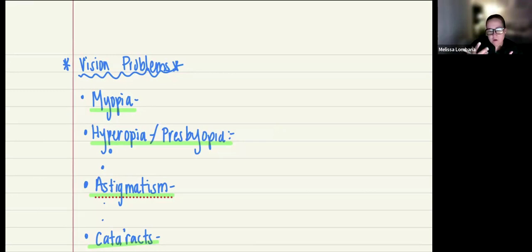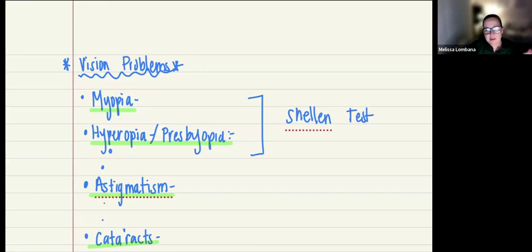They typically can correct that. To find out if you have either of these is to take what's called the Snellen test, and I'm sure you've all taken that because they do that in school, and at the doctor you see a bunch of letters in different sizes from a distance, and it's how far can you read on the line as it gets smaller.